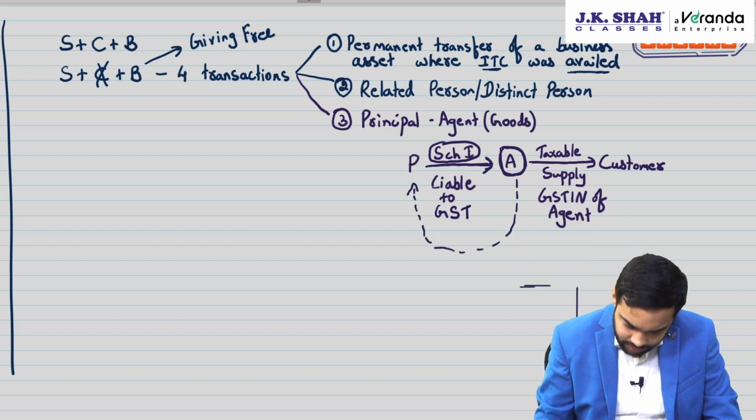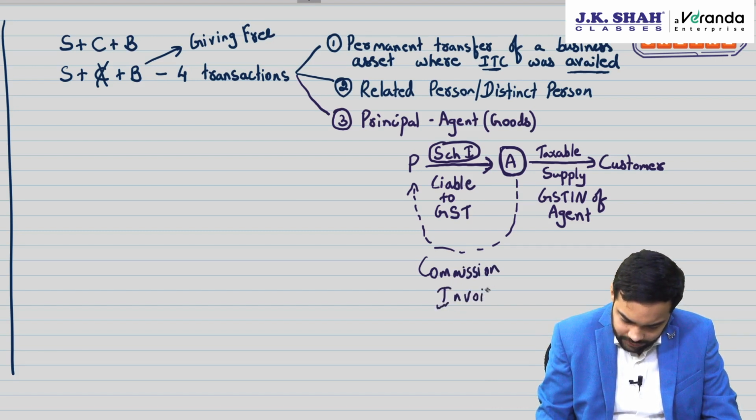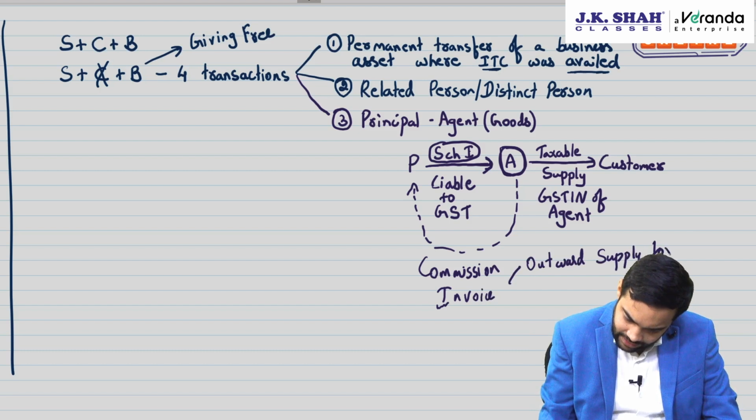Commission invoice which is issued by the agent, for the agent it will be regarded as outward supply, and principal will get ITC, correct?